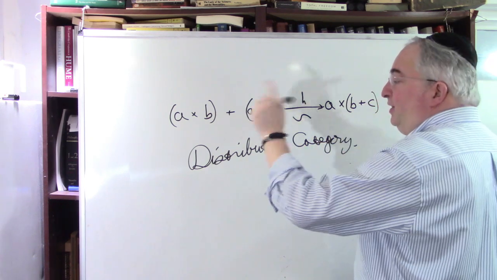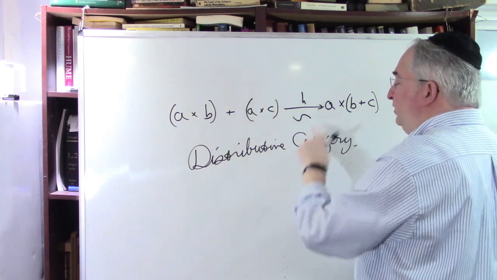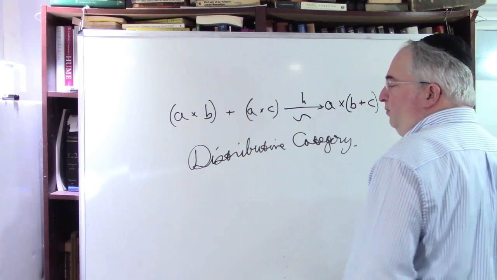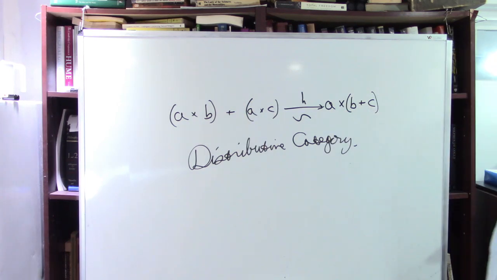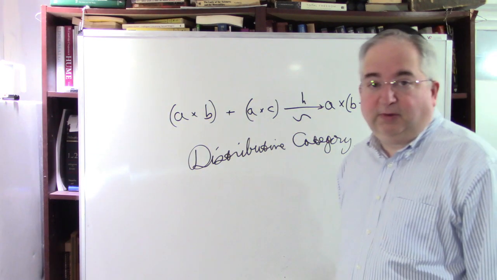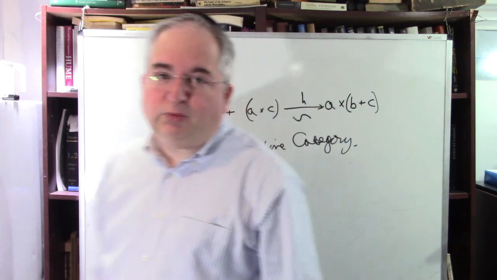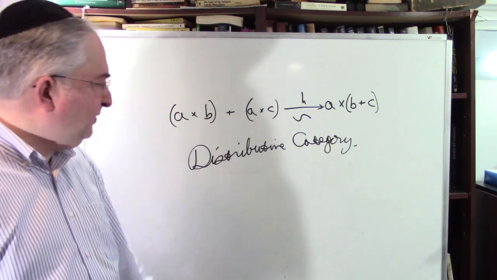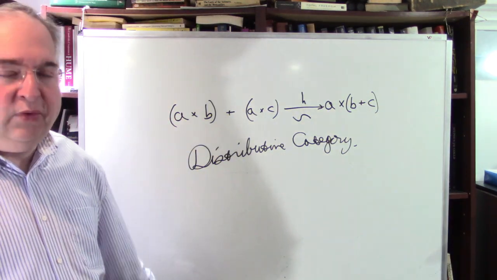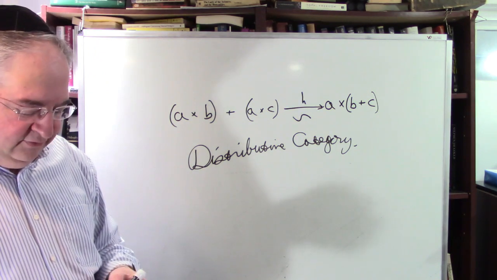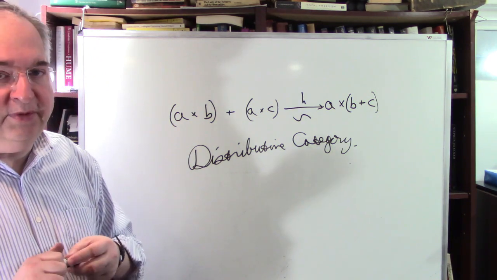In other words, the product distributes over the coproduct. You have to talk about the other case also. Anyways, it turns out Set is a distributive category. It's a very nice requirement to make, and sometimes it happens, and there's a whole subfield of category theory about distributive categories.